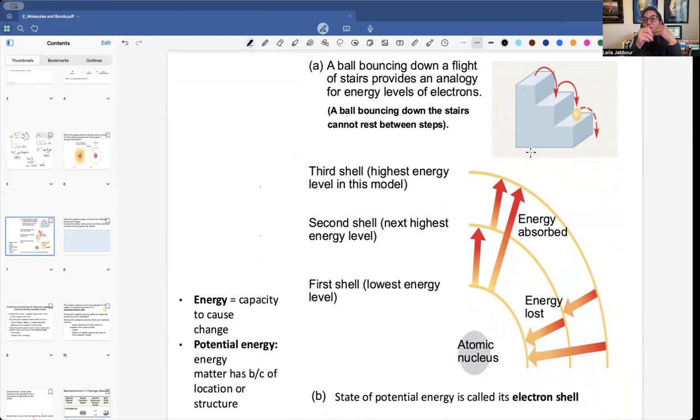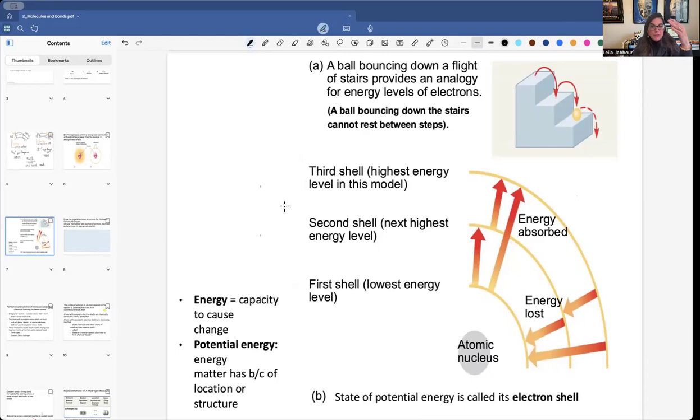Once the ball goes down the steps, it really doesn't stop. It just keeps bouncing down as gravity takes it down. And this is what's going on when the electrons are going from one shell to the next. I'm going to say outermost and not third, because we never know which one is the outermost.